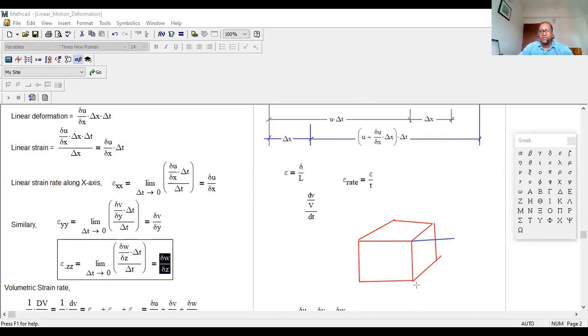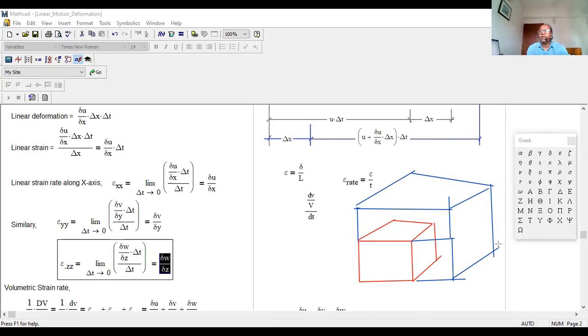Along the x-axis, its length increases by this much. Similarly, along the y-axis, it was this much, and it increases by this much. Along the z-axis, it was this much, but it increased by this much. That means its volume is increasing within time delta t, because of the strain rate.